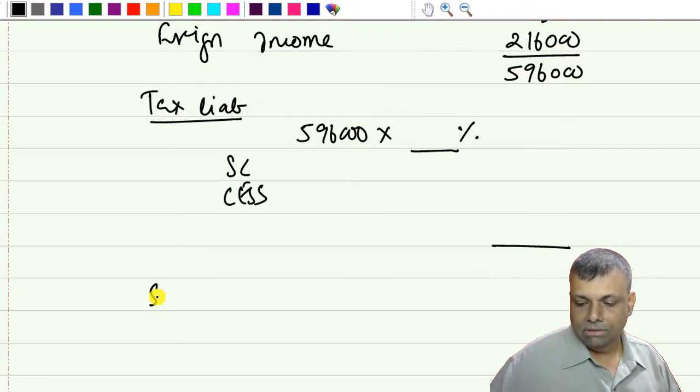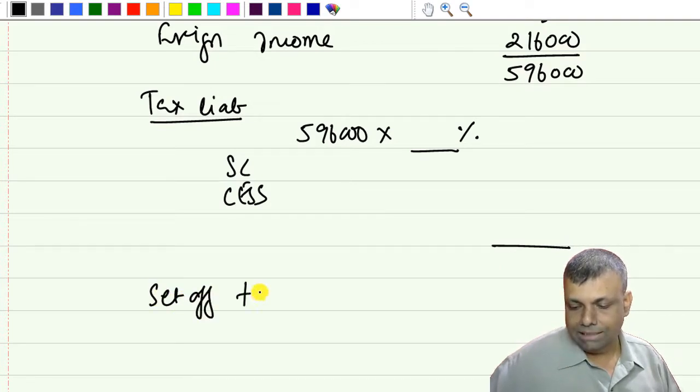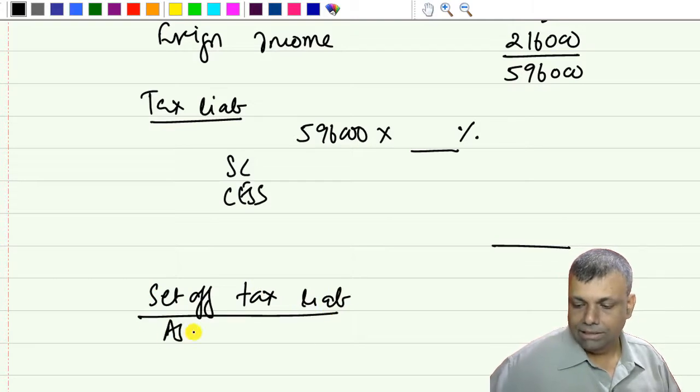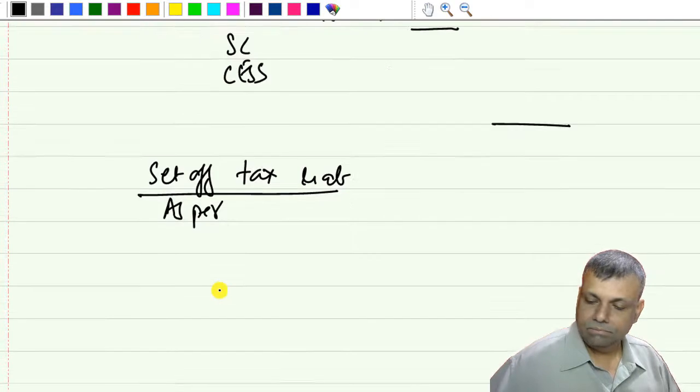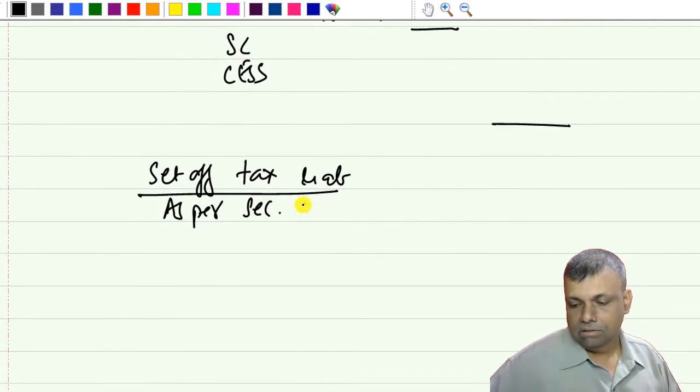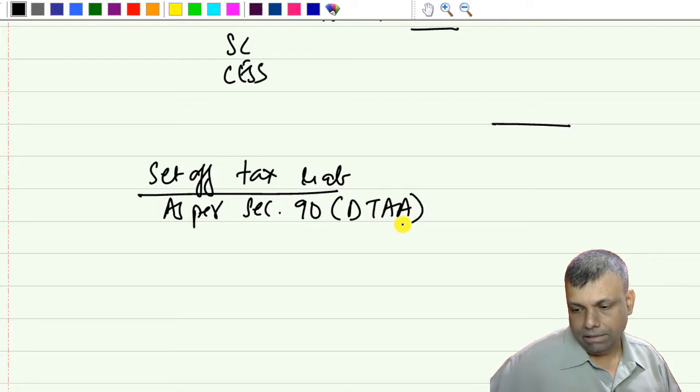And from this, you will get a set off of the tax liability as per section 90, because India and that country have a double taxation avoidance agreement, and that is 2,16,000 multiplied by 17.5%.